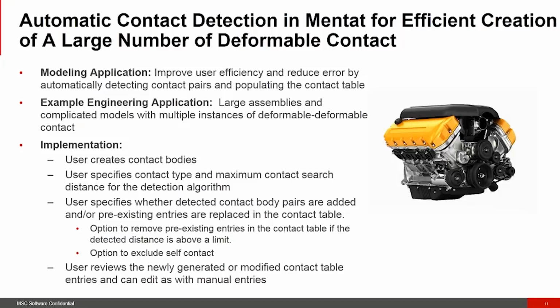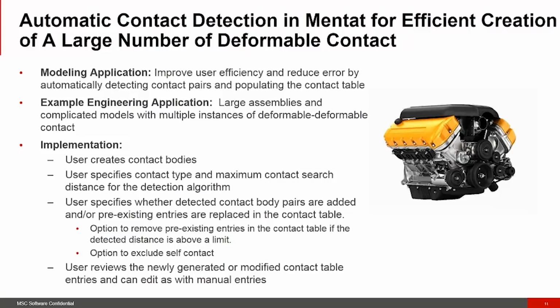You all know that Marc has always been good with contact, so with the new enhancements, the process gets easier, and also the chances of making mistakes are reduced, because whenever you have to click a lot of times here and there, there are chances that you run into some modeling mistakes or potential errors.